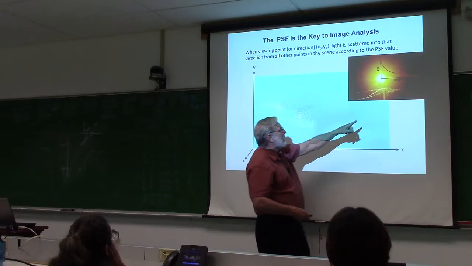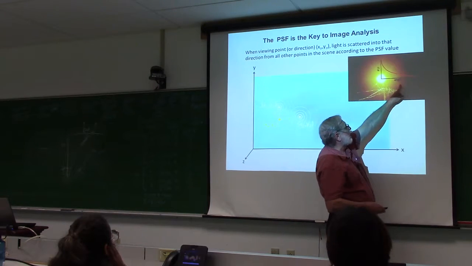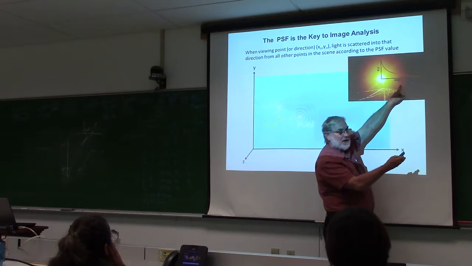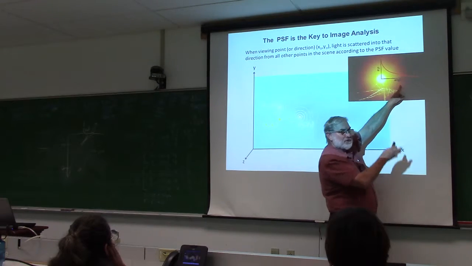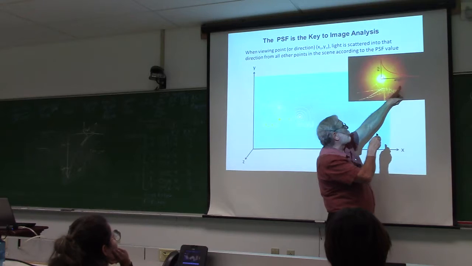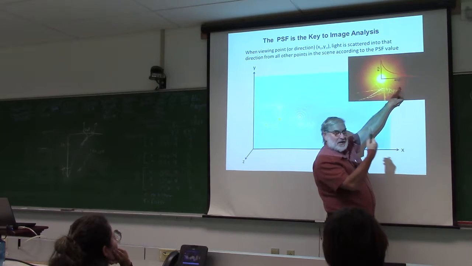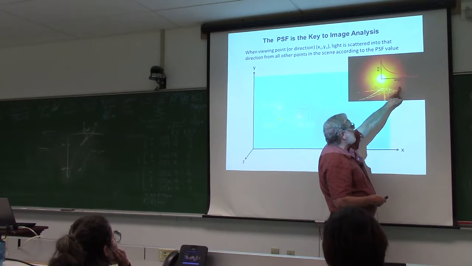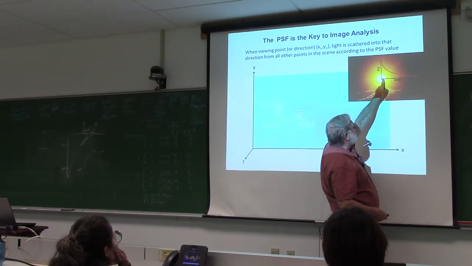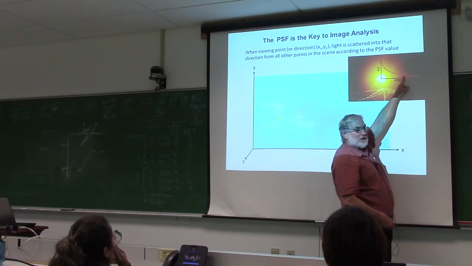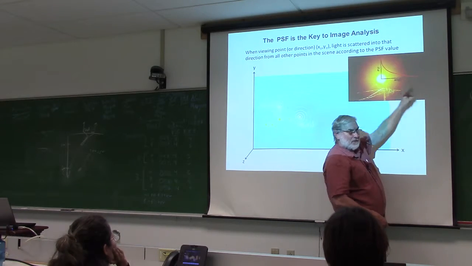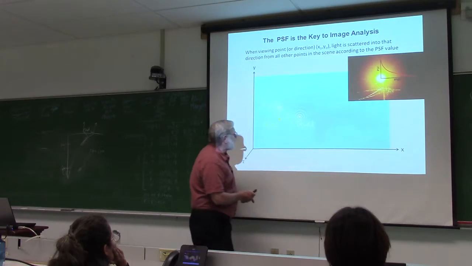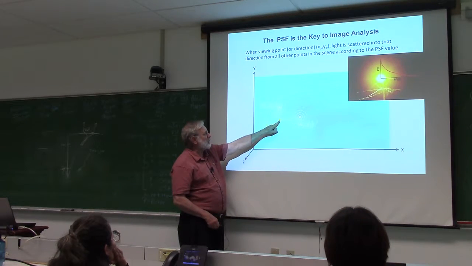So remember, if I'm looking at this point right here, I'm seeing the light from that point, whatever's there, if let's say I turn the street light off, but I'm also seeing the street light that is getting over here and been scattered into the direction I'm looking. So looking at this point, I'm seeing street light, and how much I'm seeing is determined by the point spread function.